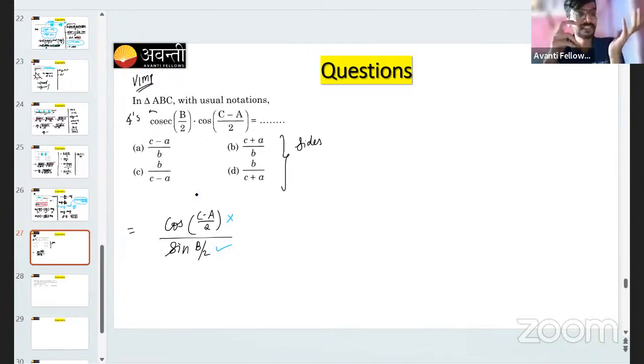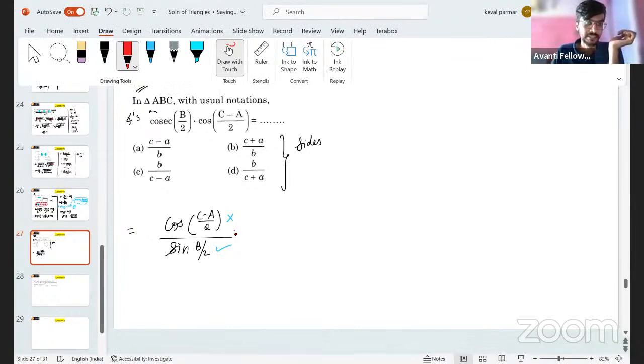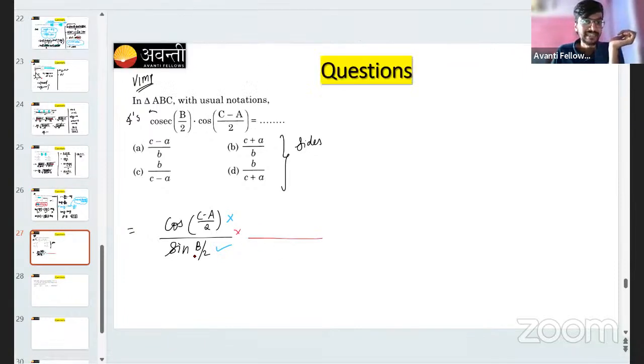Doing calculation under root is not wise anyway. So that made me click this step: let's multiply and divide by something so that this angle will become double, like B by 2 will become B.